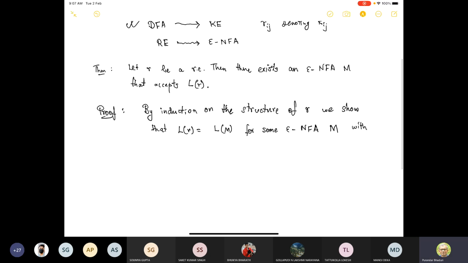One, it has exactly one accepting state. Two, there are no transitions into the initial state.